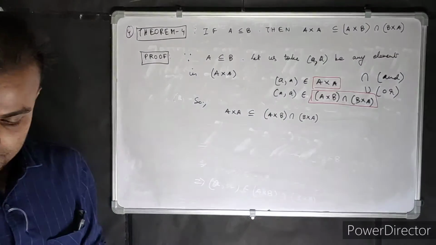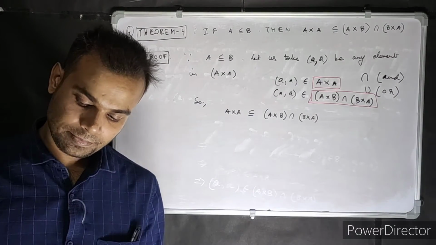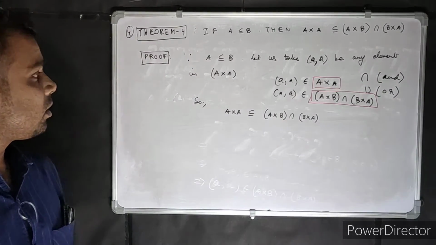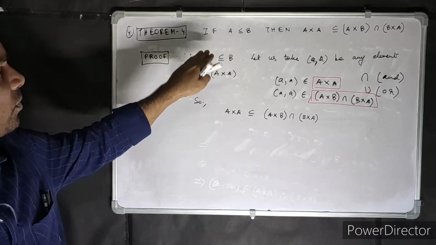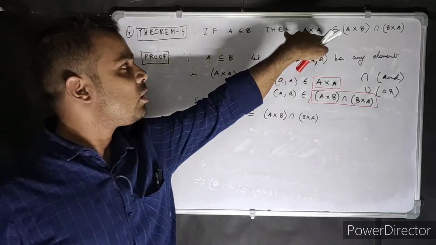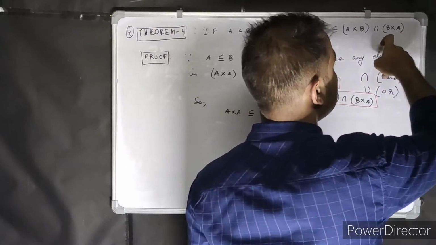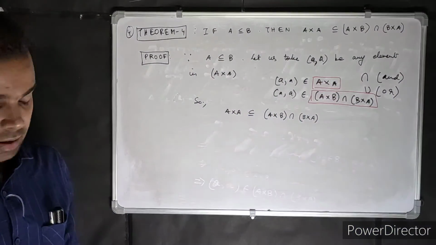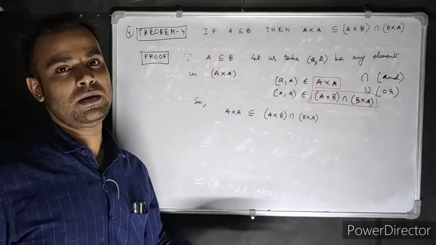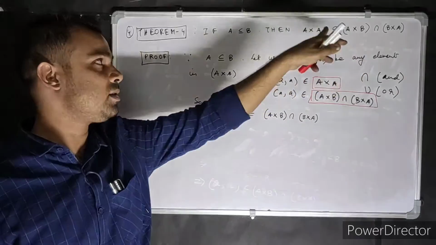Okay, so what have you proved? You have proved since this is a subset of B, then you can get a formula like this, where A cross A is a subset of A cross B intersection B cross A. If you actually take values for A and B and do this, you will see it is a subset.